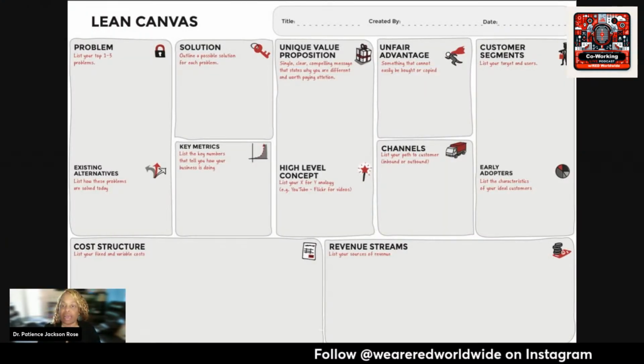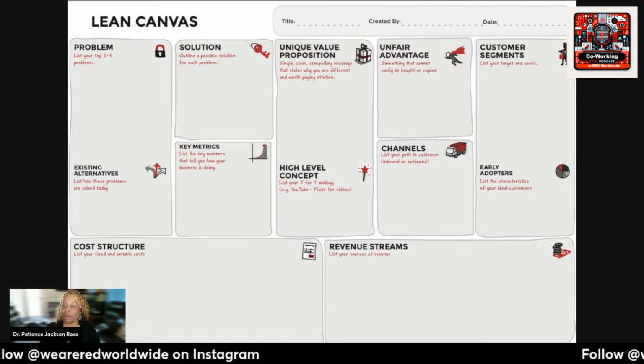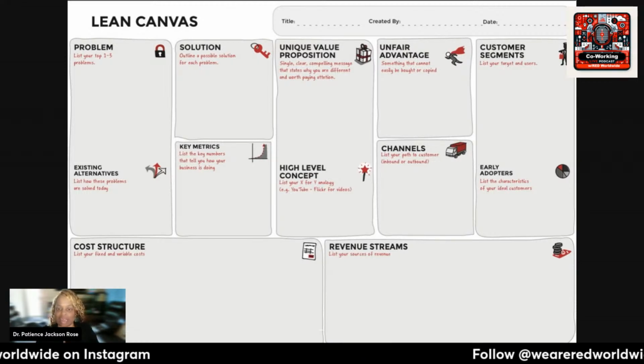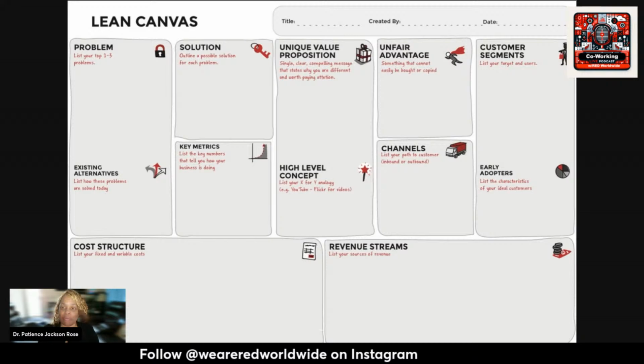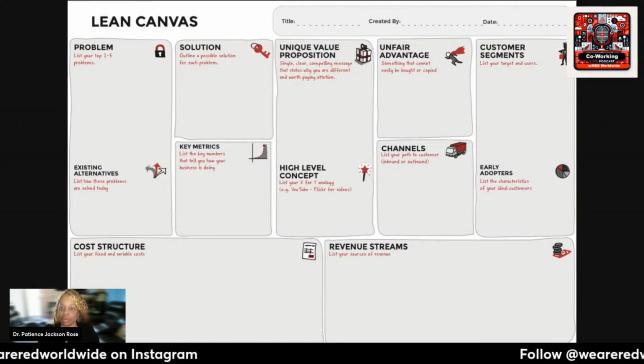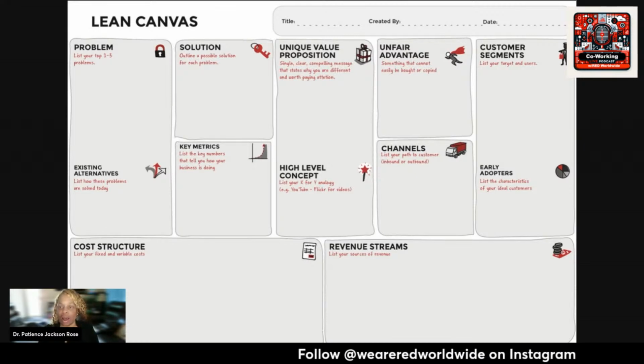Okay, so looking over here, our customer segments are all the way on the right. And remember, I talked about how you might not want to complete the Lean Canvas in the order that it appears on the actual canvas, but you might want to start somewhere specific that will give you the ability to understand how to do the other areas.